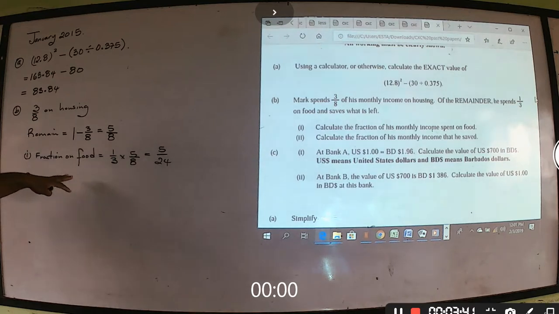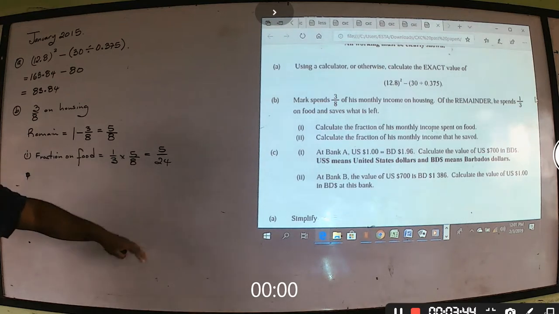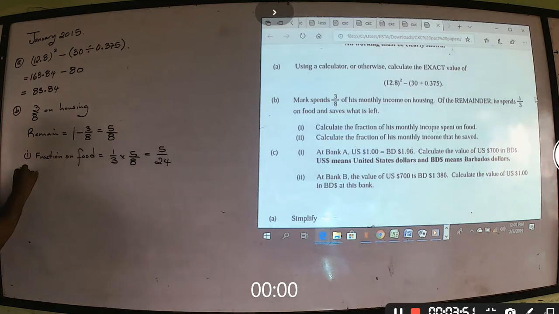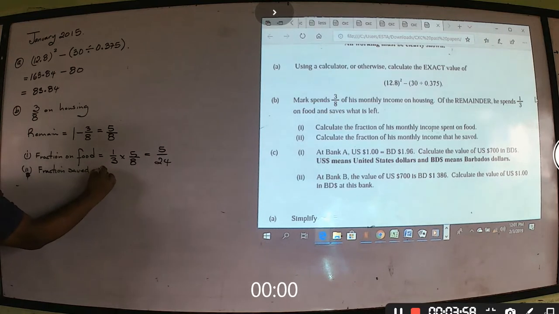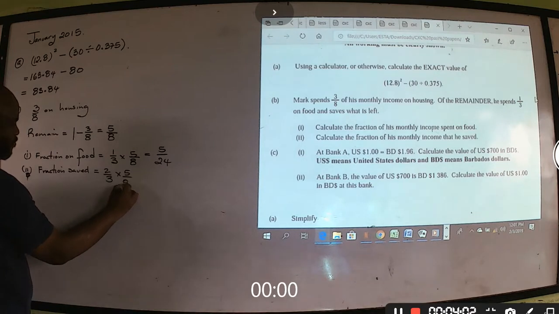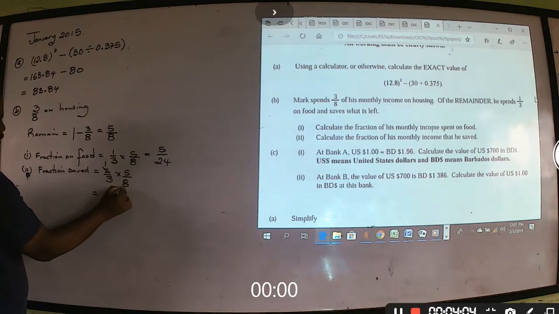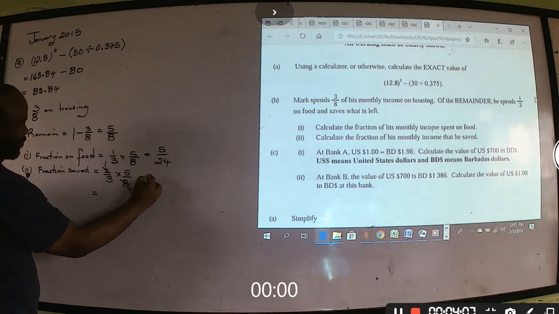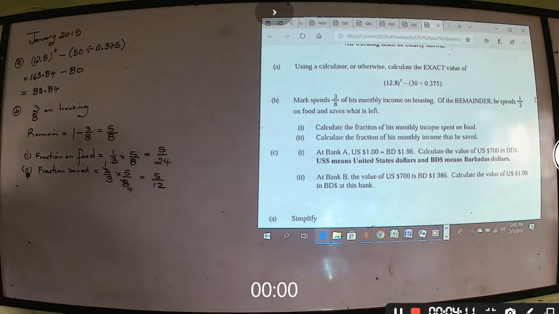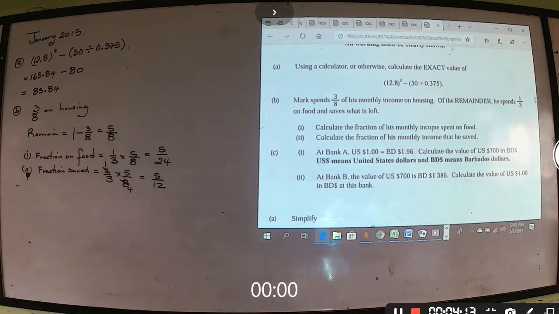What fraction of the remainder is spent on food? What fraction of the remainder is saved? He saves 5/12.